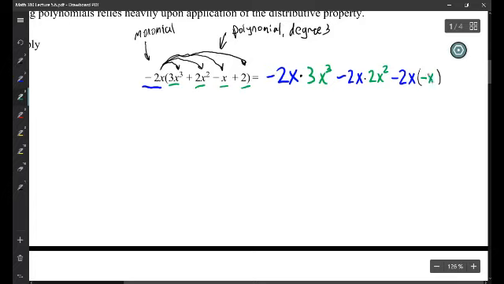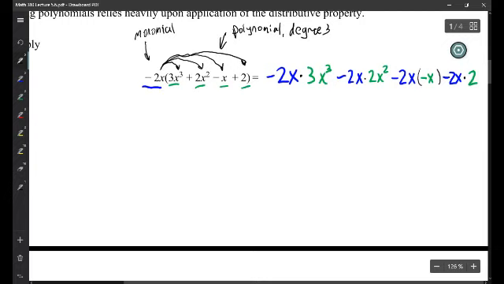Lastly, negative 2x times positive 2. All right.